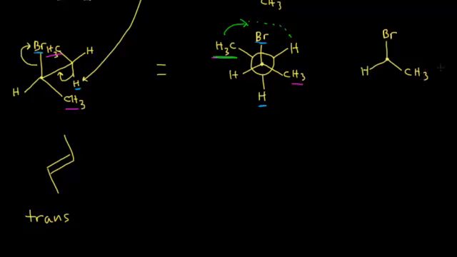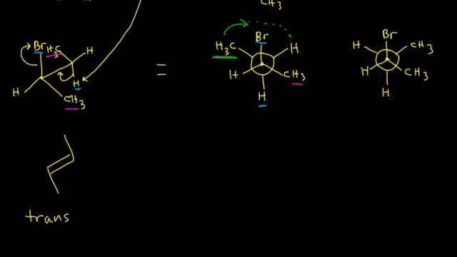And then the back carbon I've now rotated, so the methyl group ended up over here. That means this is now a hydrogen, and that means this is a hydrogen. Okay, so another possible conformation.